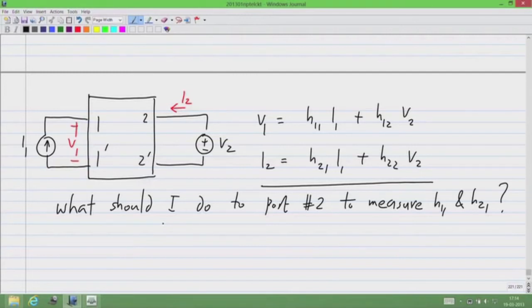Couple of you answered that port 2 is open circuited. Please explain why it should be open circuited. And there is another question, will H12 equal H21? That's actually a very interesting question. We will take that up shortly.